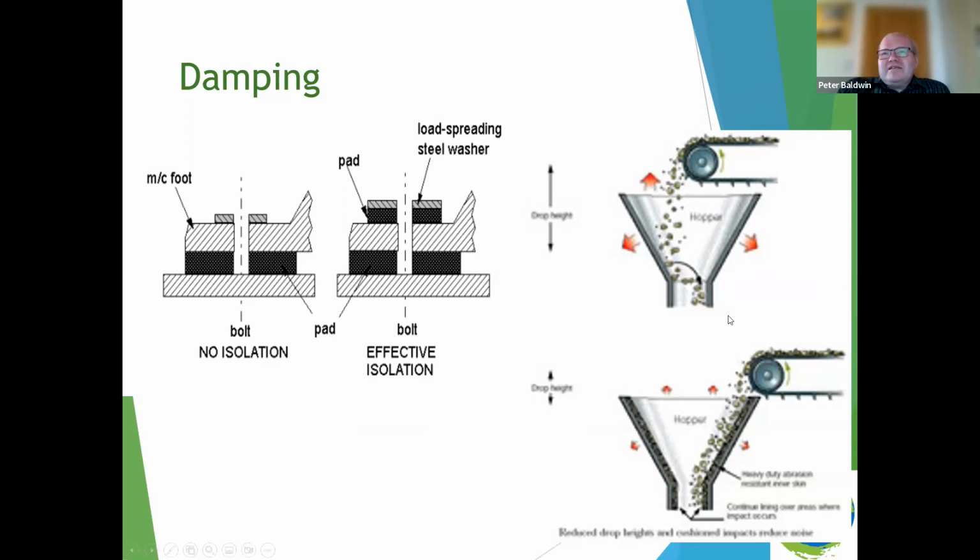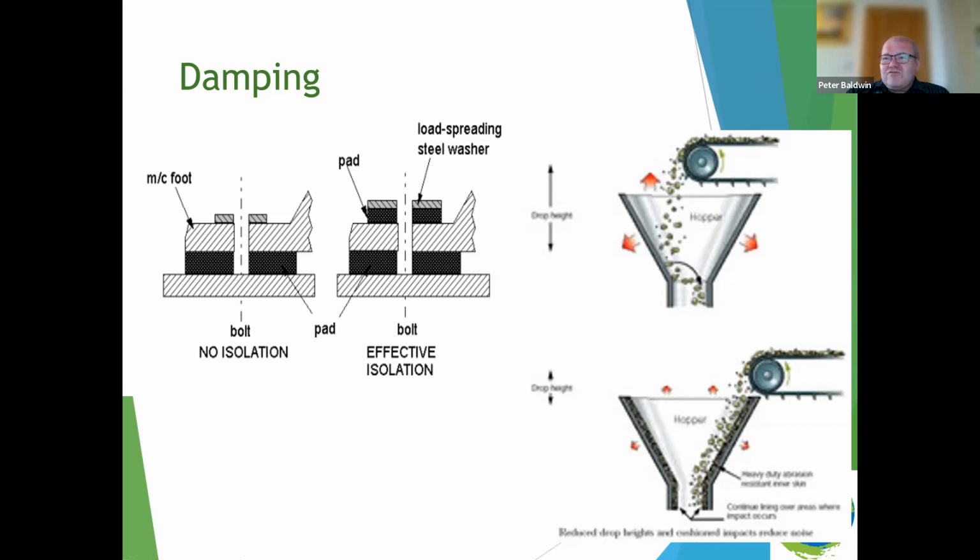Another example is where you're dropping things off a conveyor. On the top one there, you've got a fairly large drop before it hits the funnel, and the funnel hasn't got any coating on. A large drop means there's a lot of energy going onto effectively a steel plate, which is going to make a lot of noise.